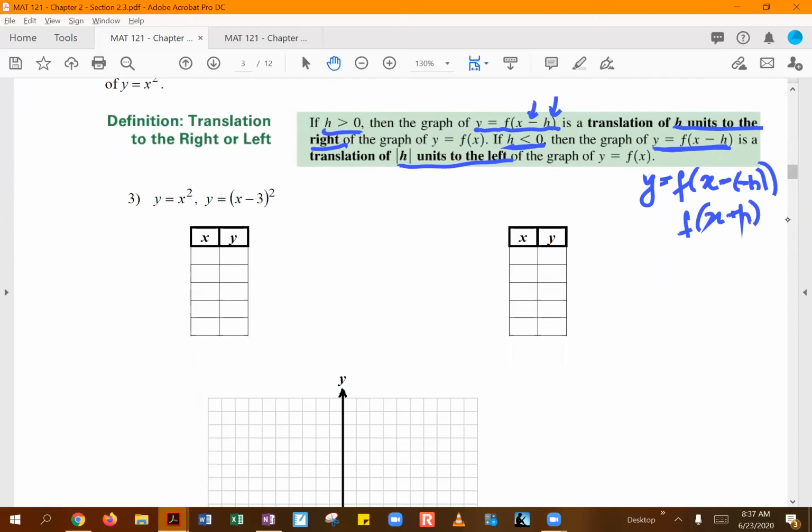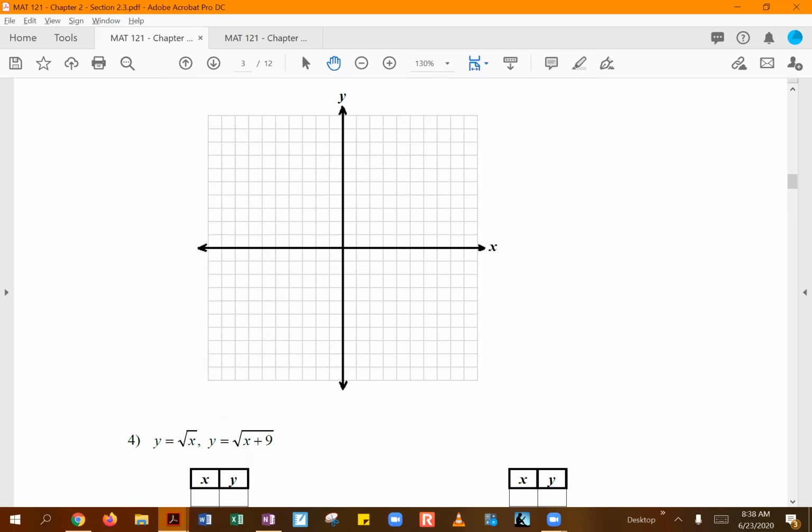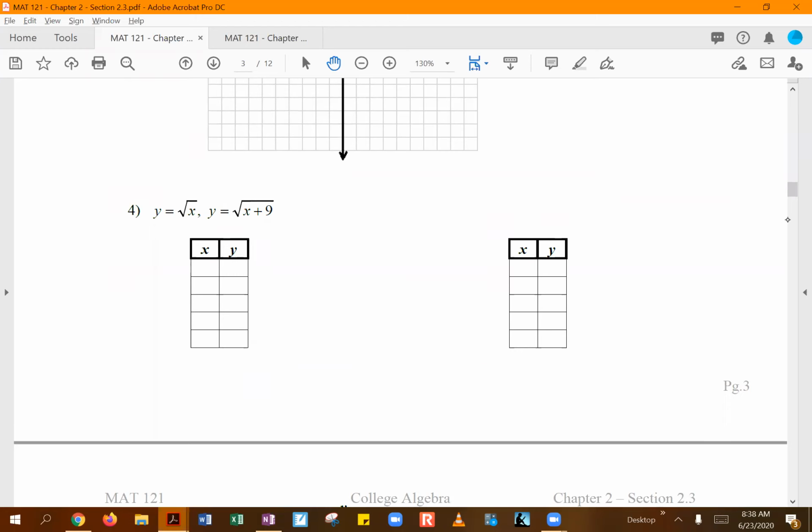If you look at example 3, I have x minus 3. The minus 3 tells me 3 itself is a positive number, so my graph will be moving 3 units to the right. You have to go with the opposite sign than what's given in the function. In our next example, I have x plus 9 inside the square root.